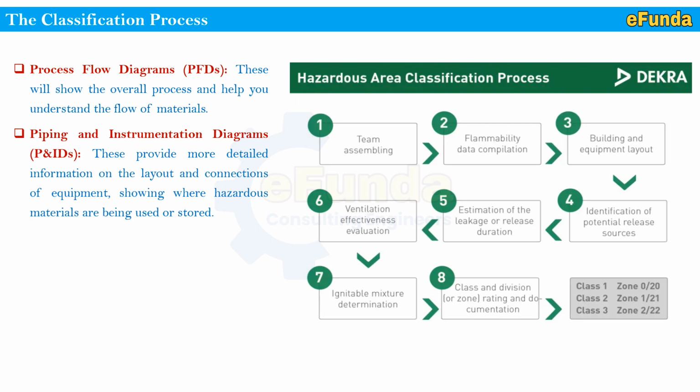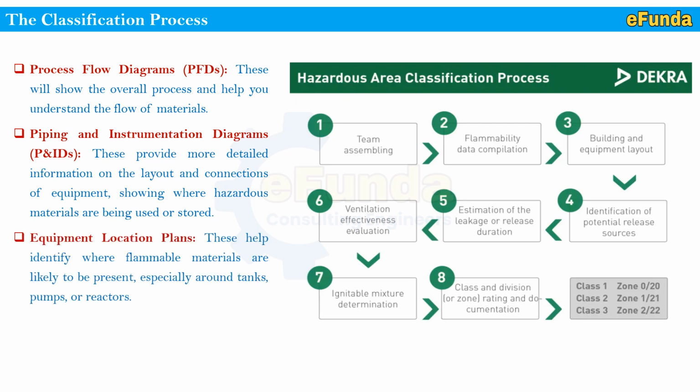Third, equipment location plan. This helps identify where flammable materials are likely to be present, especially around tanks, pumps, reactors or other major equipment. This is how the process is being classified.